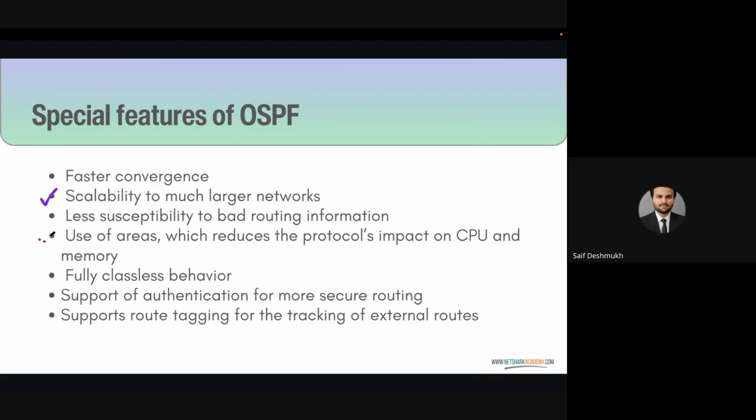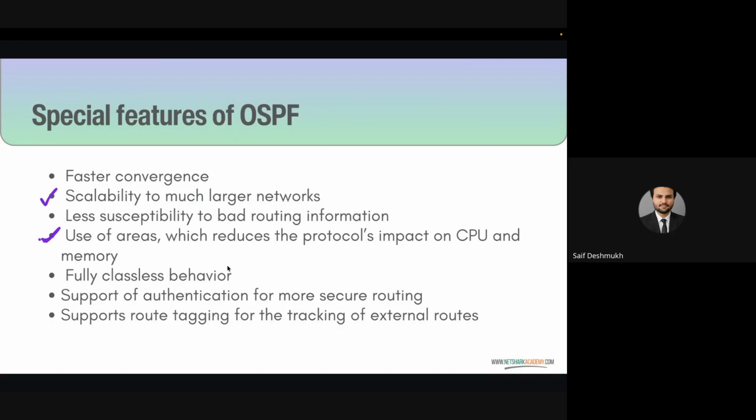It's very less susceptible to bad routing information. It uses the concept of areas, a boundary of all the routers that share the same type of information. More on this in an upcoming slide. It basically reduces the impact on the CPU and resources on the device, because of the way routing information is handled inside those areas.